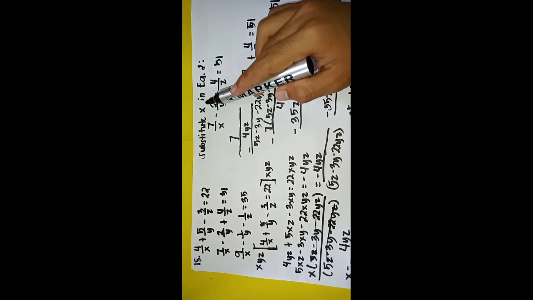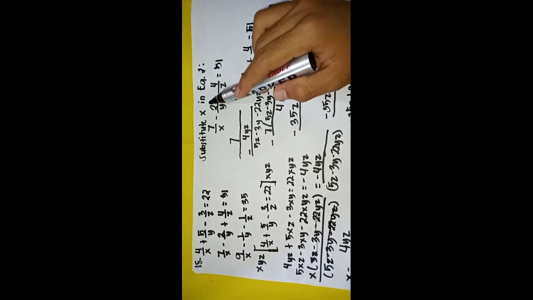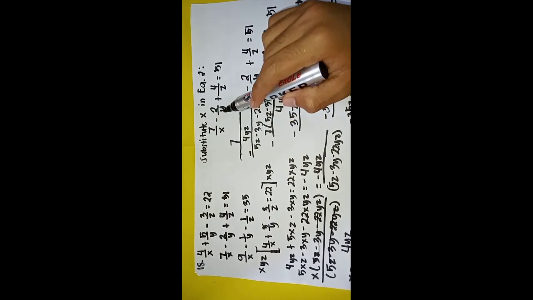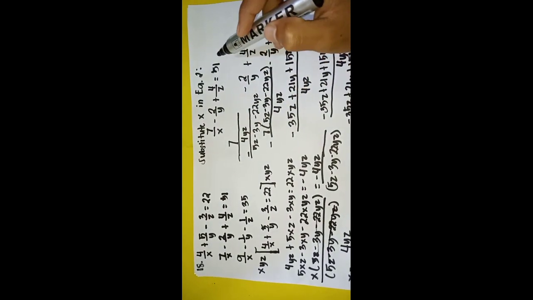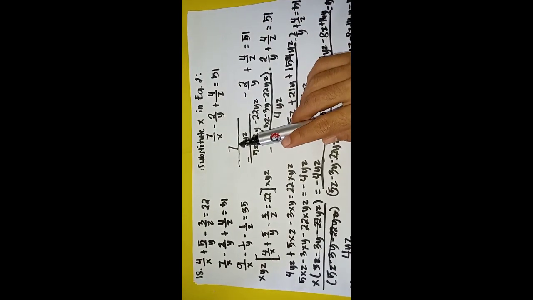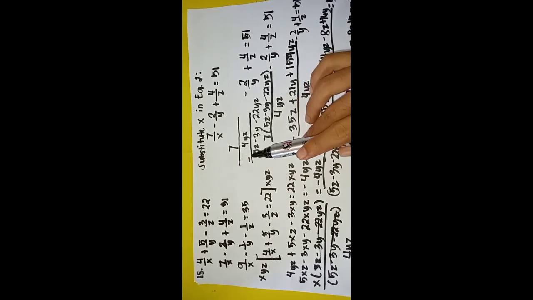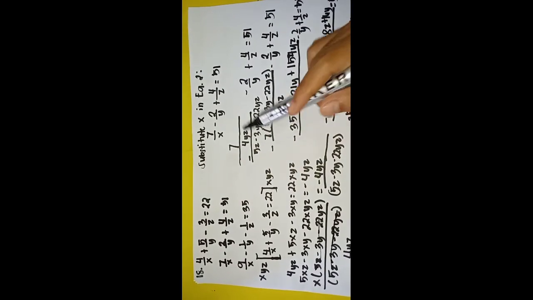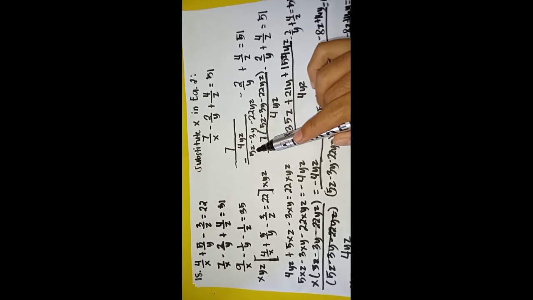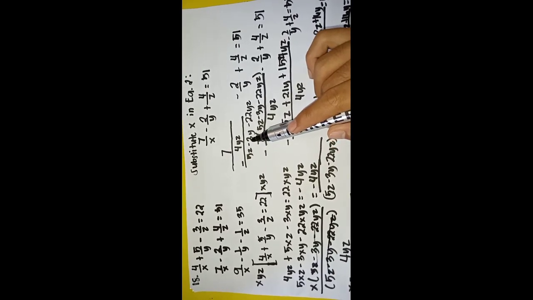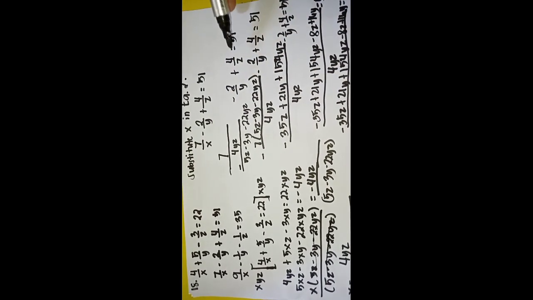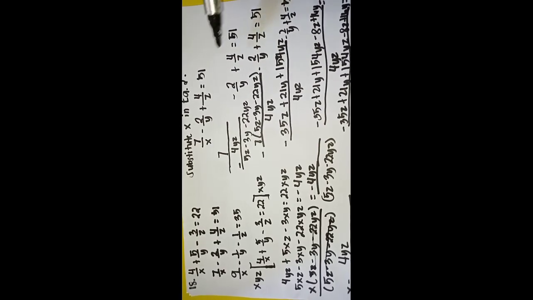Then the next process is to substitute x in equation number 2. 7x minus 2y plus 4z equals 51. We will substitute the value of x, so 7 times negative 4yz over 5z minus 3y minus 22yz, minus 2y plus 4z equals 51.